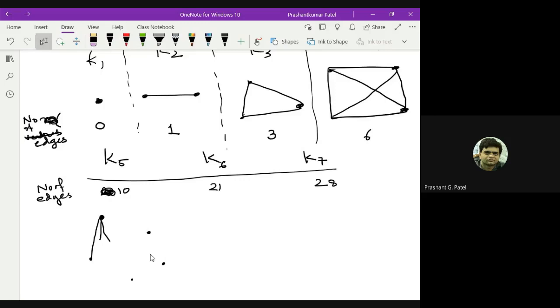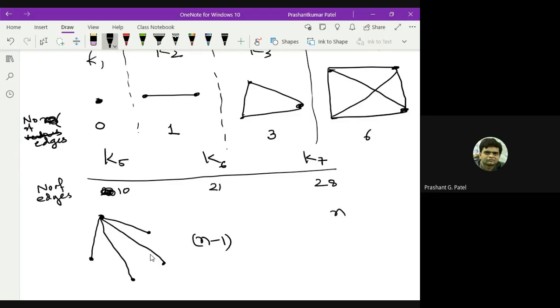So this is joined, this one is also joined, this one is also joined. So how many times will this be there? This vertex is joined with how many edges? In this particular case it is 4, but if there are n vertices, then n minus 1 edges should be joined with this.